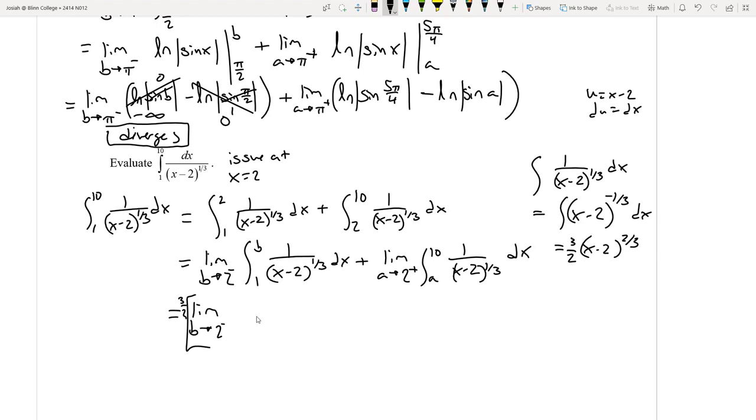And so we'll get x minus 2 to the 2/3 evaluated from 1 to b. And then likewise, we'll get x minus 2 to the 2/3 evaluated from a to 10.